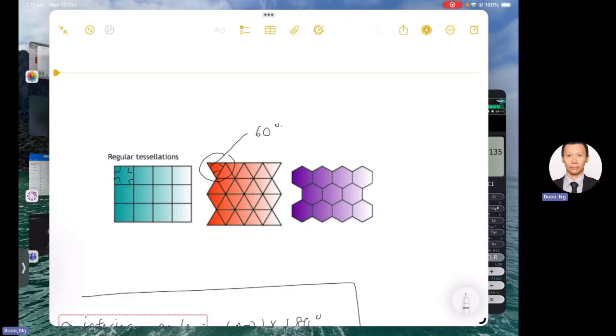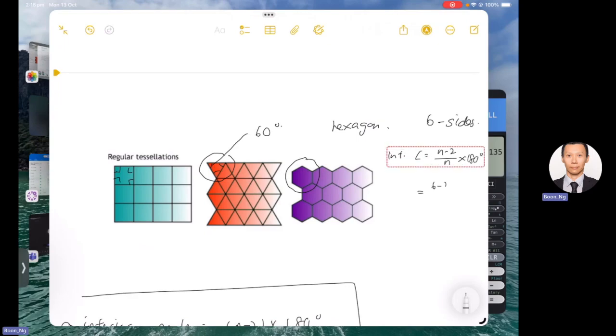Each of them would be 60. And this is a hexagon. Hexagon means 6 sides. So using that formula, interior angle equals n minus 2 divided by n times 180.